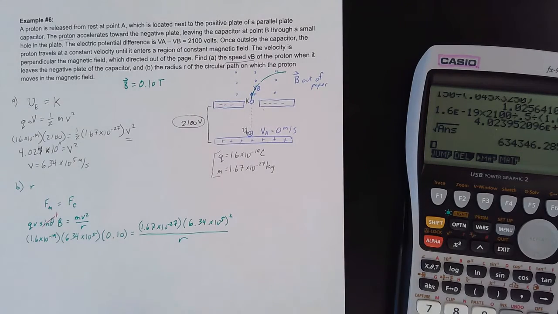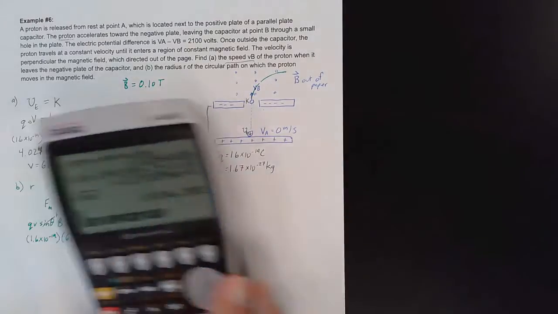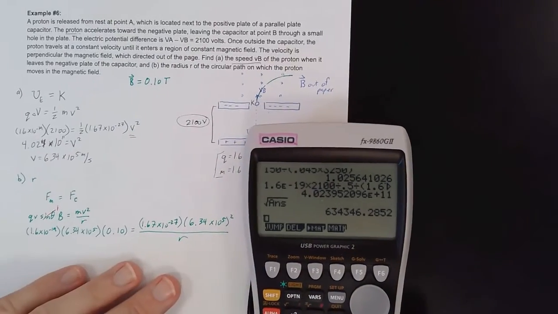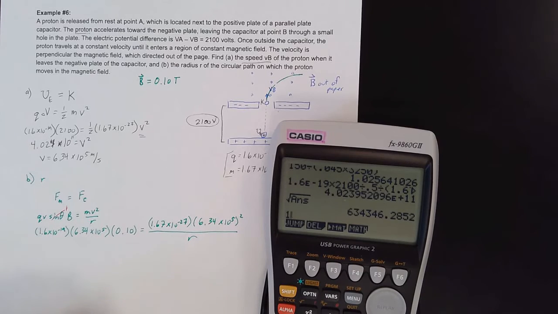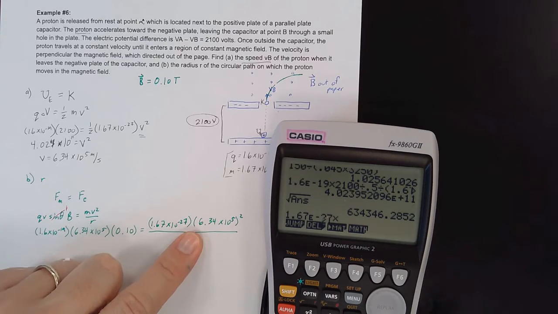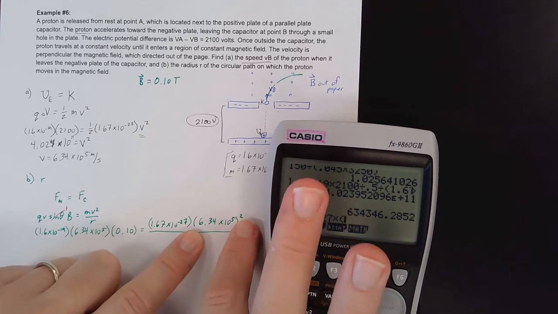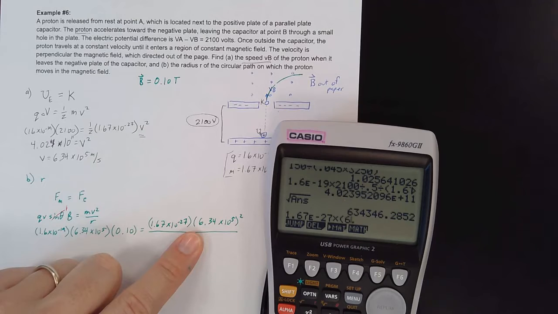And so essentially we're going to take the radius and move it over to this side. We'll take all of that stuff and move it onto the bottom of the fraction. And so we're going to try to calculate that. We'll go 1.67 times 10 to the negative 27th. We're going to multiply that by, I'm going to put it in parentheses because I got a squared there, 6.34 times 10 to the 5th squared.